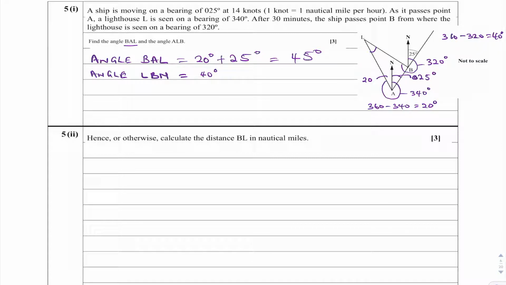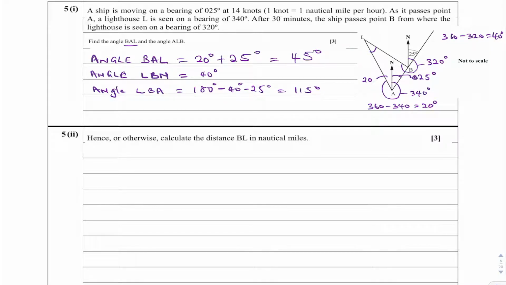Therefore, to find angle LBA, that should be 180 minus 40 minus 25 degrees. That will be equal to 115 degrees.